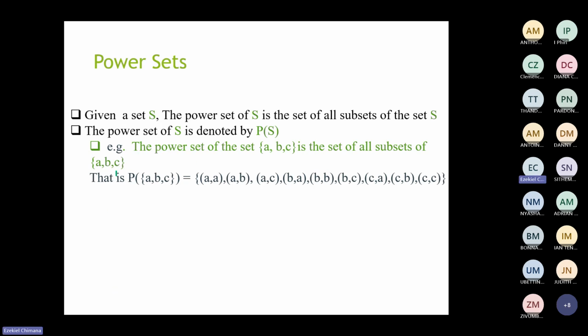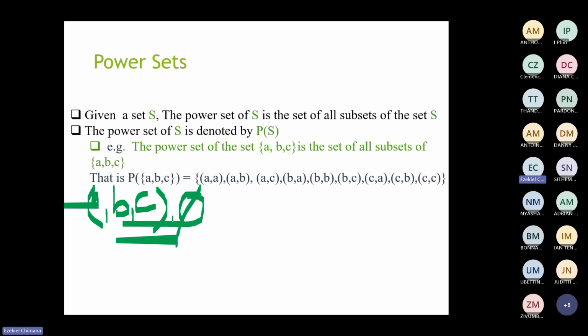So you are saying A, B, C. This one is subset 1. The empty set is the second one, and then the next one is A itself.